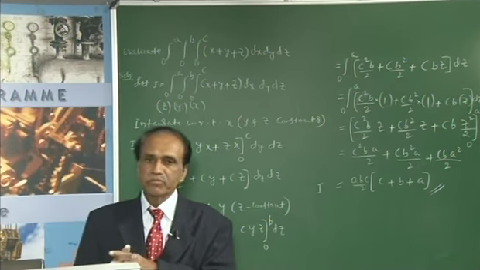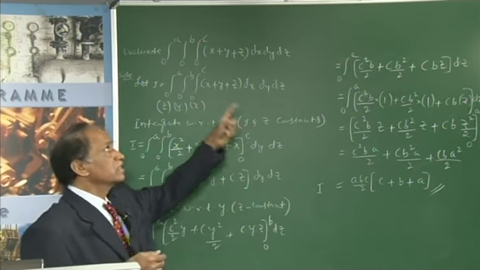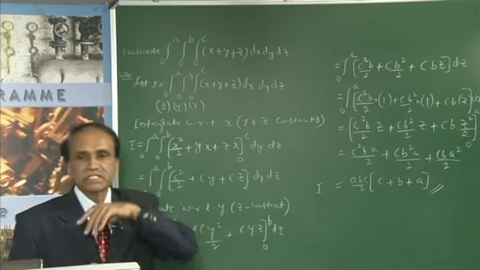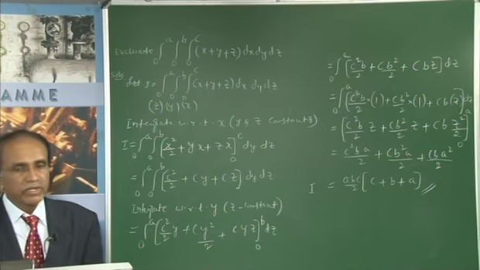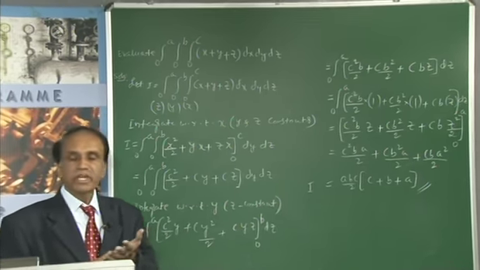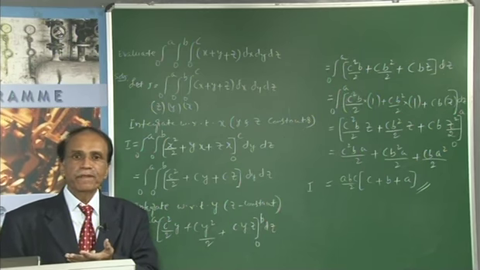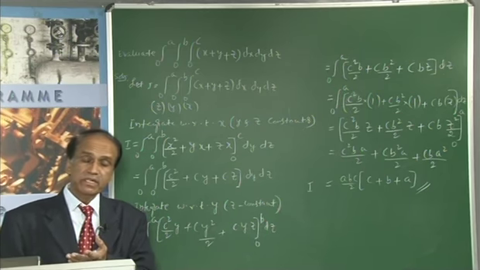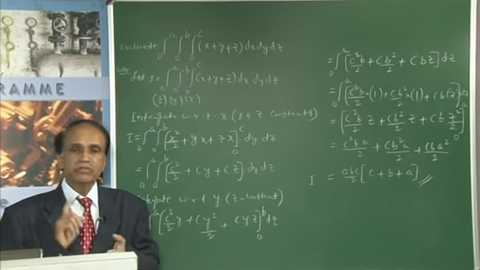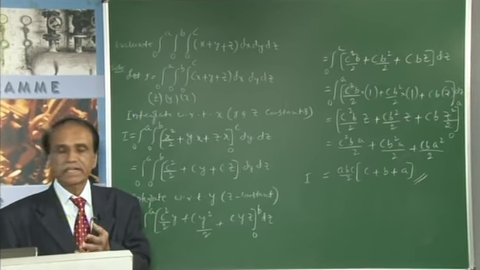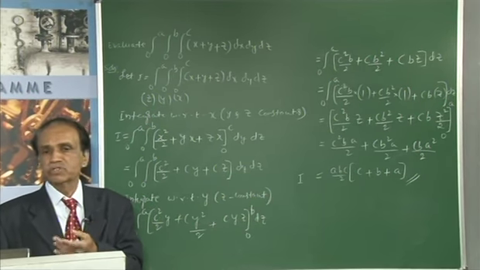But now, as you wish, you can change the order and do the integration and you will get the answer. But in the case of variable limits, we have to be careful which variable appears for the innermost integral, which for the middle integral, and which for the outermost integral.